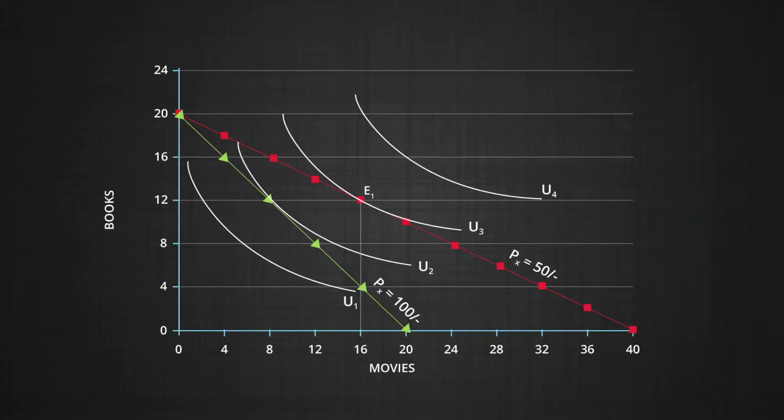He cannot afford it anymore. His new equilibrium is where his new budget line is tangent to the highest possible indifference curve, and this is at E2. He now consumes only 10 movies and 10 books rather than 16 movies and 12 books that he was doing earlier. Notice that the number of movies consumed has gone down as the price of movies has gone up.